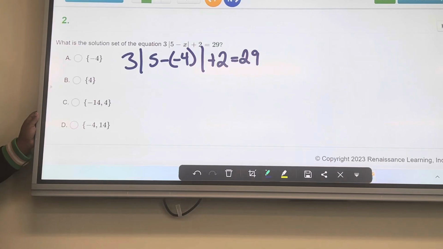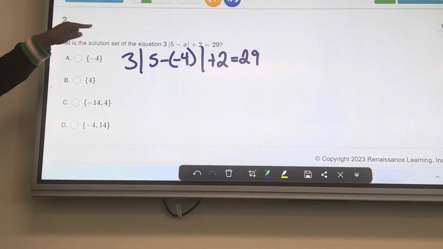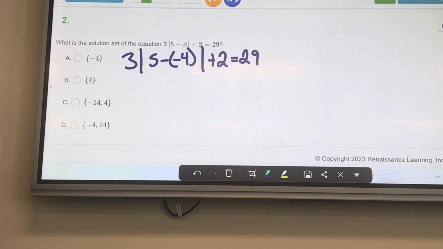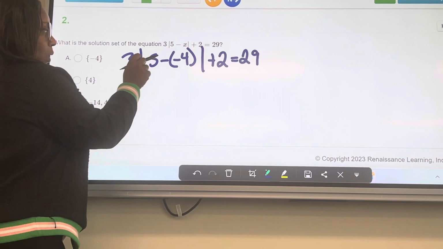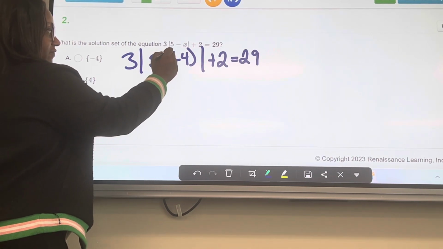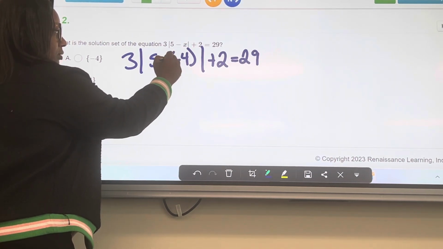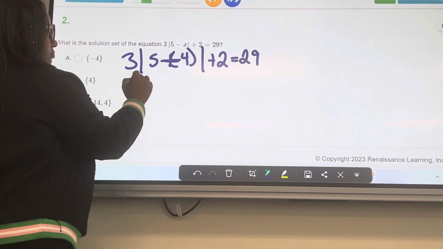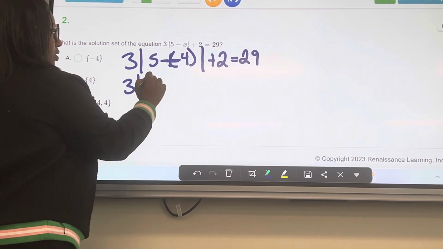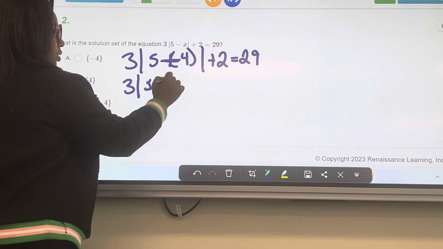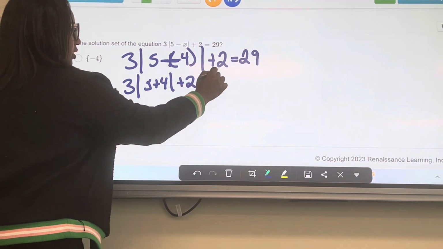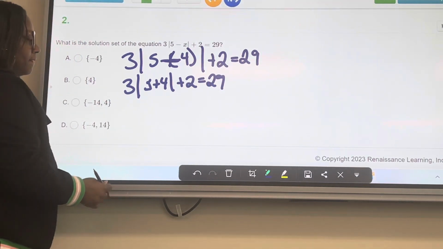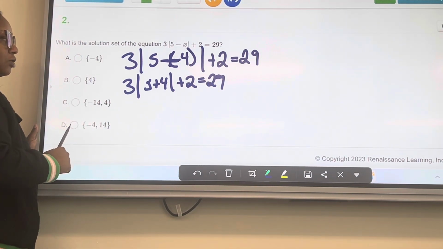Let's see if this works with me substituting the answer that we got, negative 4, back into the original problem. I know when I have a minus and a negative, this changes to a big plus sign. So I'm going to have 3 times the absolute value of 5 plus 4, close absolute value, plus 2 should equal 29. Then I go through and solve.